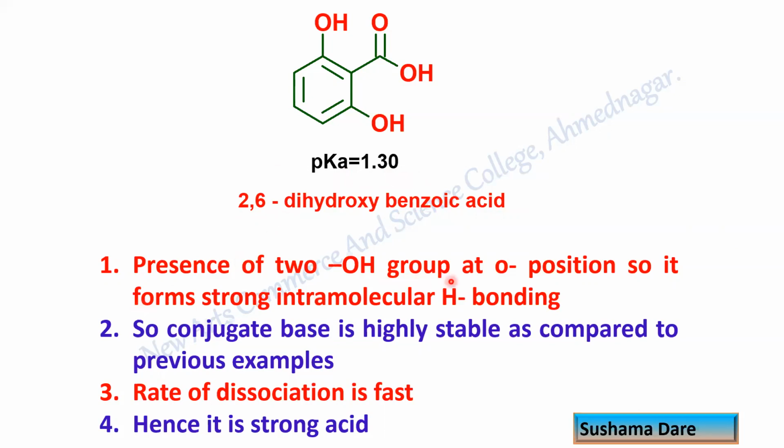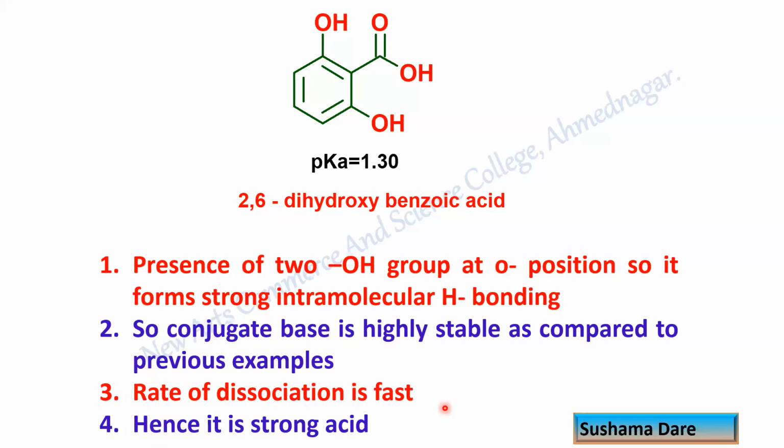Now, the presence of 2 OH groups at the ortho position forms strong intramolecular hydrogen bonding, which we already discussed in the previous slide. So the conjugate base is highly stable as compared to the previous example. Therefore, the rate of dissociation is fast. Hence, it is the strongest acid among all.